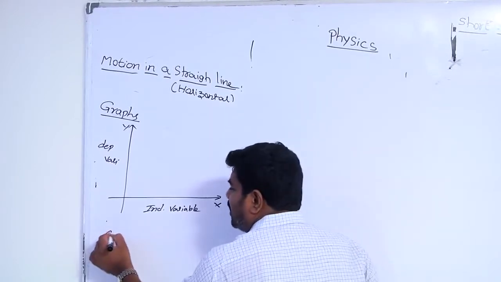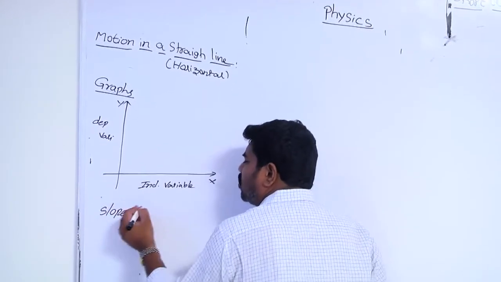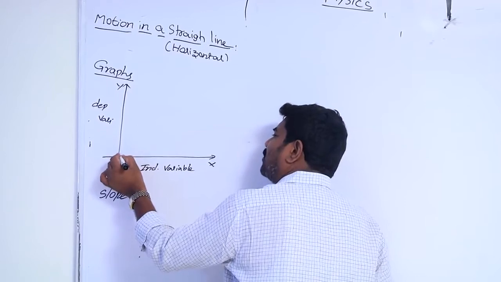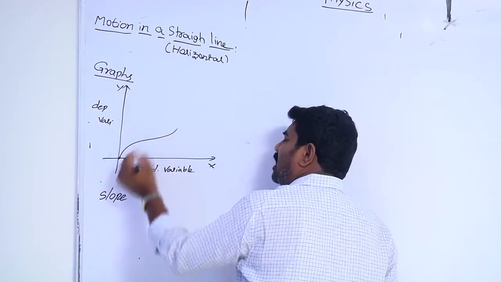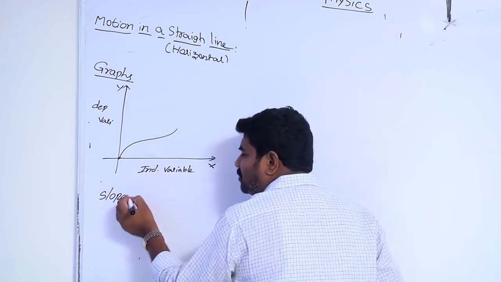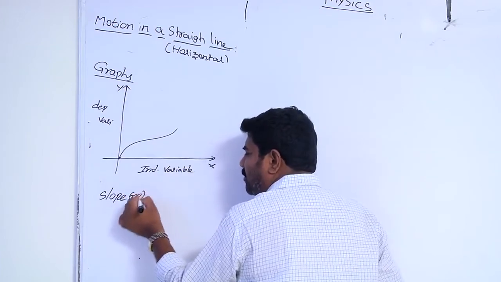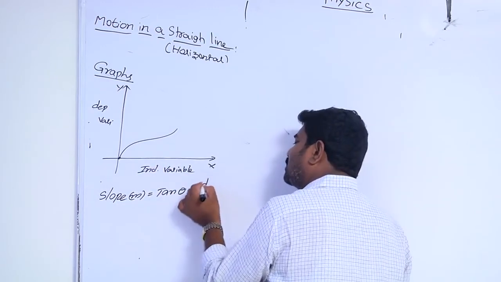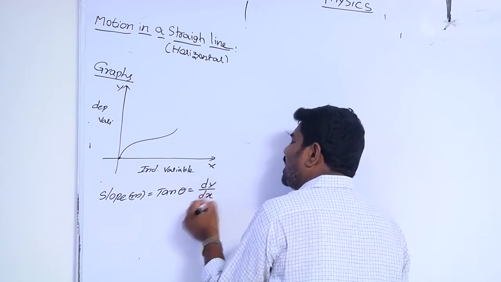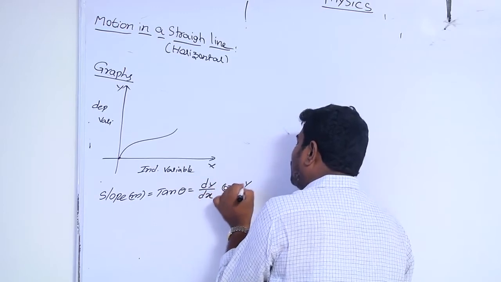In any graph, what is the slope of the graph? For example, here this is the graph. The slope of the graph is denoted by m, that is nothing but tan theta, that is nothing but dy by dx or y by x.